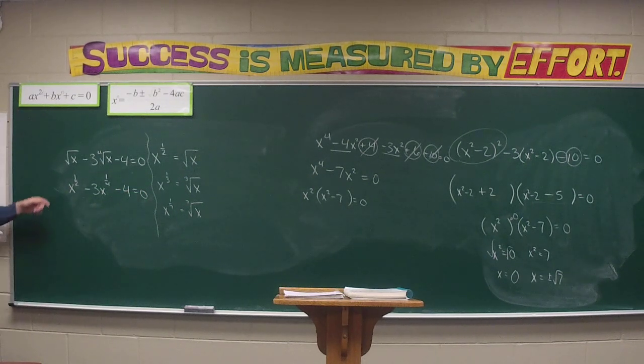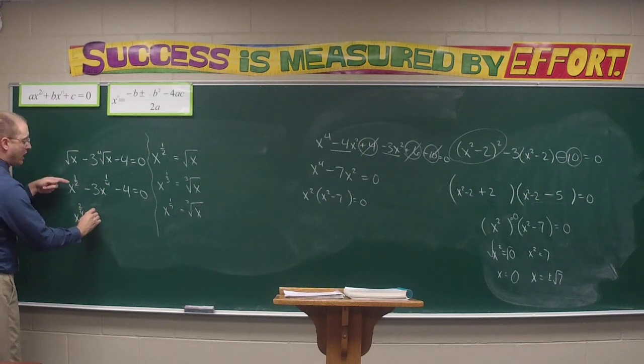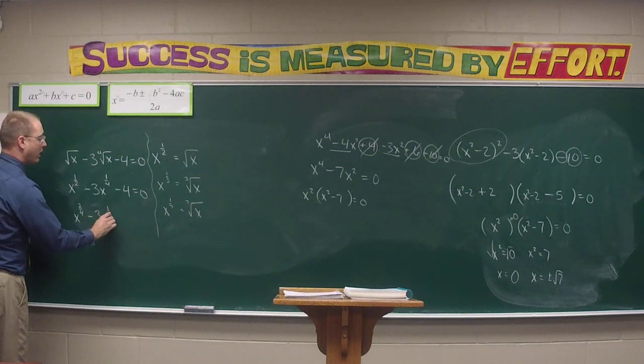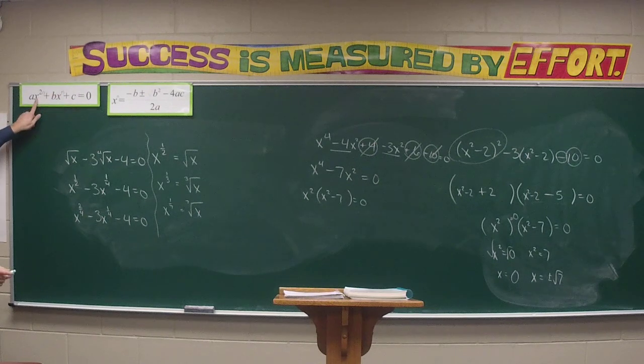And when you realize that we could rewrite these with a common denominator, right? A half and a fourth could both have a denominator of 4. I could write this as x to the 2/4 minus 3x to the 1/4 minus 4 equals 0. Notice I have a 2/4, 1/4. That's in quadratic form. Set it equal to 0 and factor.